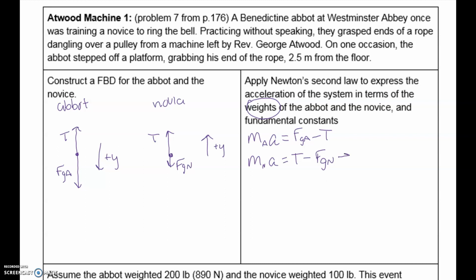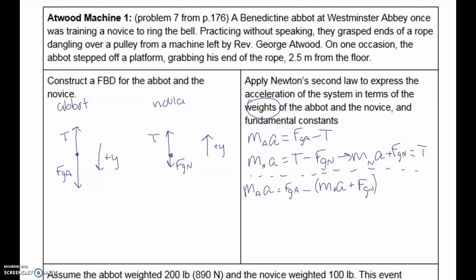So looking at this expression here, this will give us, for tension, mass of the Novice times acceleration plus the weight of the Novice is equal to tension. Alright, plugging that into the first equation, we have mass of the Abbot times acceleration is equal to the force of gravity of the Abbot minus tension, which is the whole expression I've just found: mass of the Novice times acceleration plus force of gravity of the Novice.